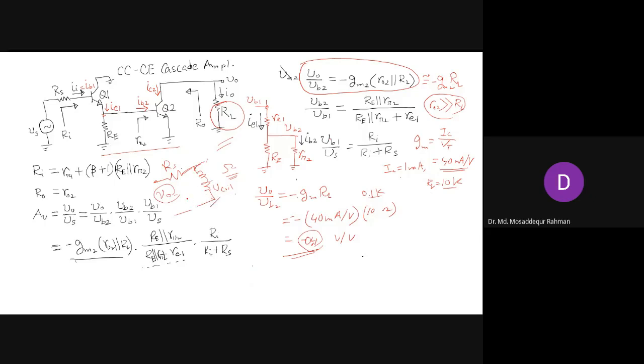You add a series resistance of, let's say, 10K, to increase the gain, but this one remains 10 ohm. It's 1,000 times smaller.